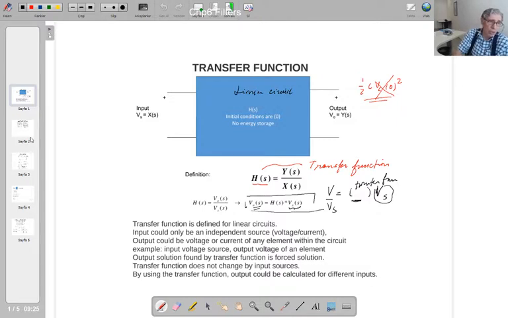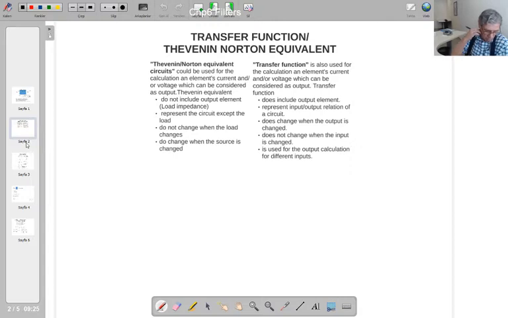But on the other hand, if you remember, there was another subject that we use for analyzing an element current and voltage. The subject that we use in the calculation of one of the element's current and voltage was the Thevenin and Norton equivalent circuit.